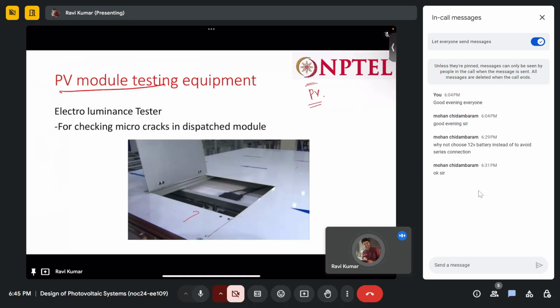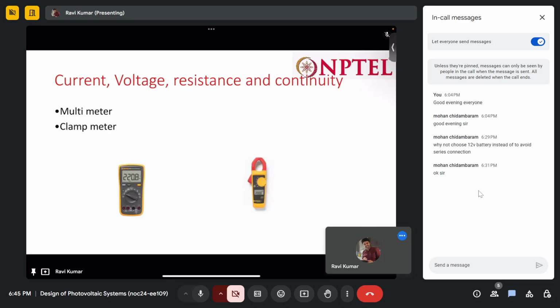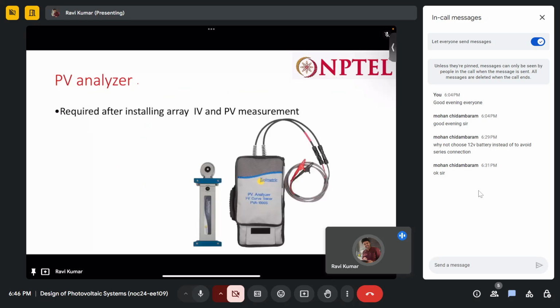These are used to characterize the PV module after production. Then for current, voltage, resistance and continuity measurement, we have a multimeter. Then we have a PV analyzer in the field. What I was talking about, that by changing the resistance you can measure the IV curve of a PV module, you can do with this PV analyzer as well. It gives you the IV and PV measurement of a PV module.